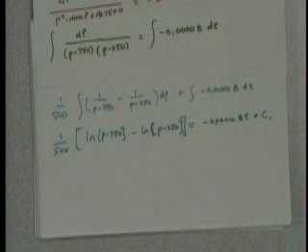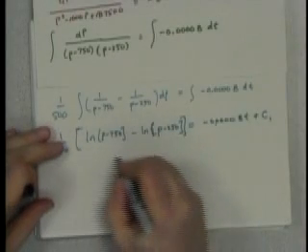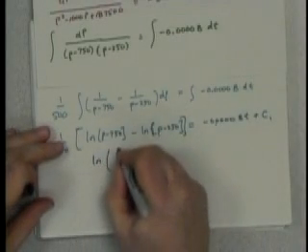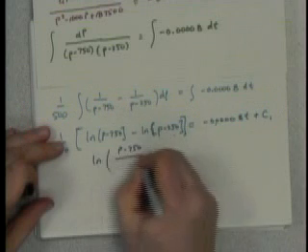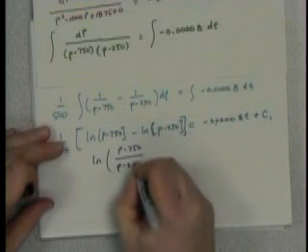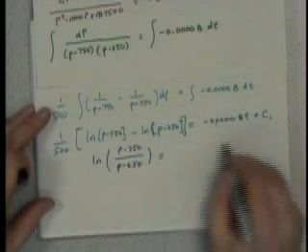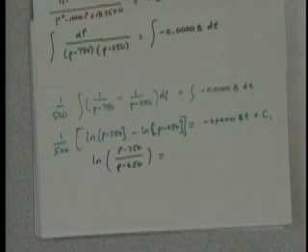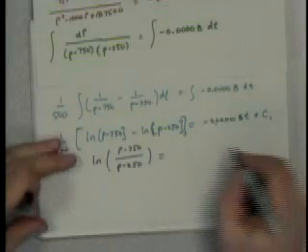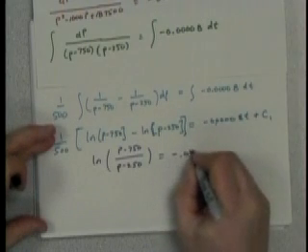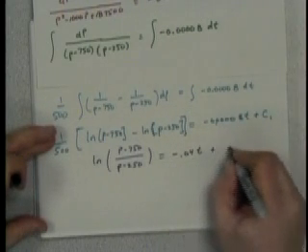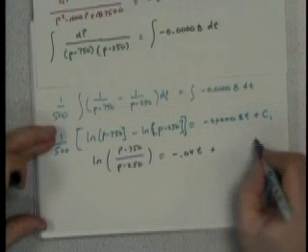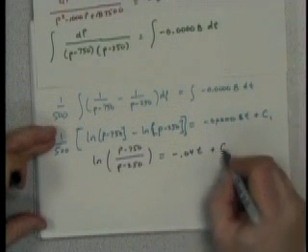And then I'm going to multiply both sides by 500 and put these together. C1, I'm going to call C2.